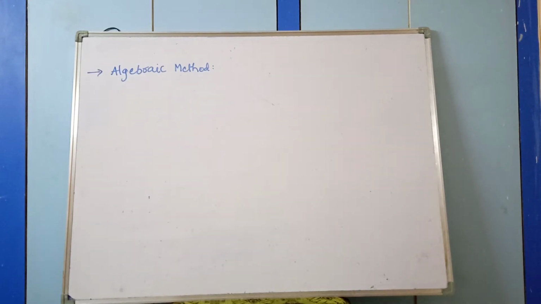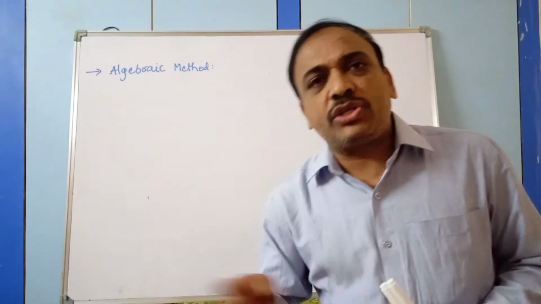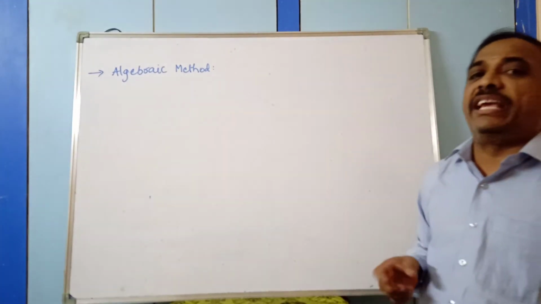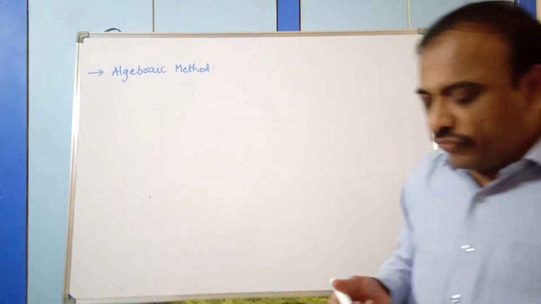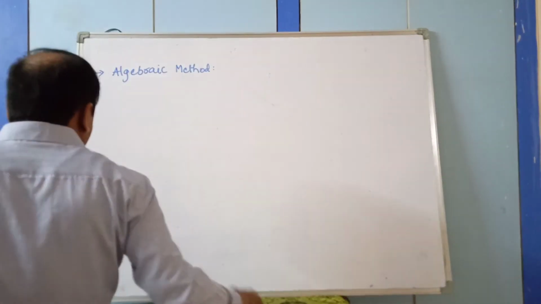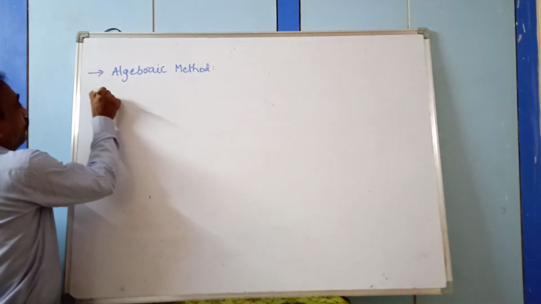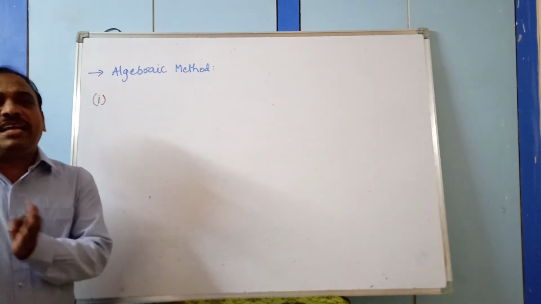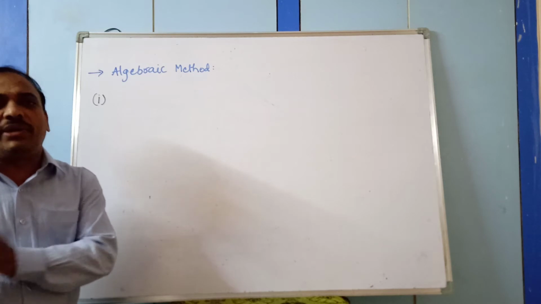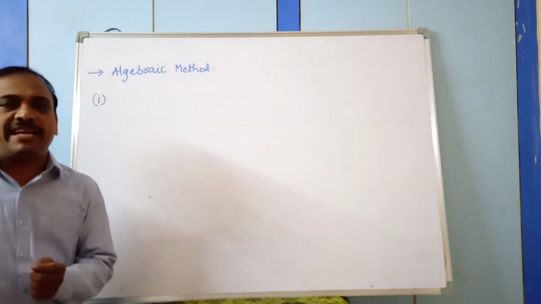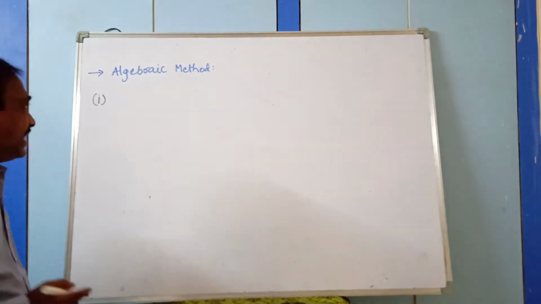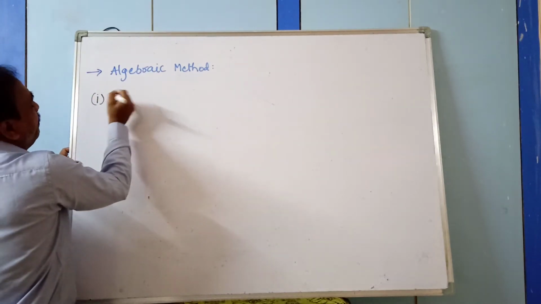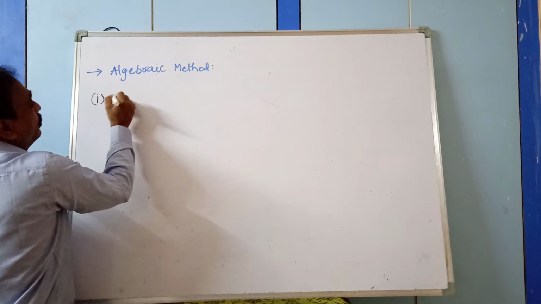Now for the algebraic method, we have three methods to solve the system of pair of linear equations in two variables. We will express them like 2x plus 3y plus 4 is equal to 0, 6x minus 7y plus 8 is equal to 0. That way we will represent them. In the algebraic method we have three methods.